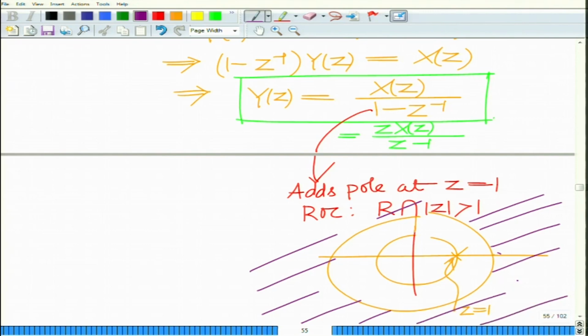Now, the previous ROC already is the region in which magnitude z is greater than 1. Otherwise it has to be modified appropriately. So, the ROC will be the previous ROC intersection with the region magnitude z greater than 1. Alright, so we will stop here and look at other aspects in the subsequent modules.